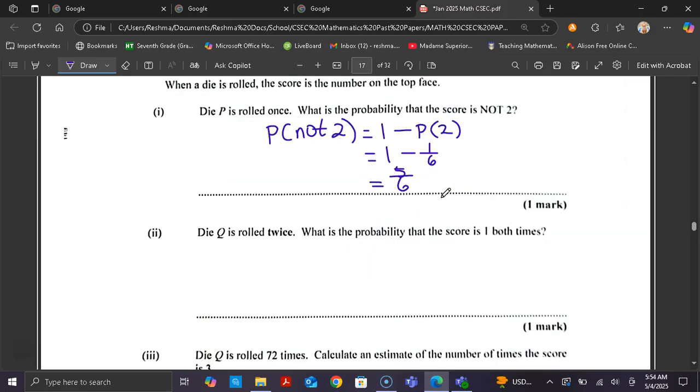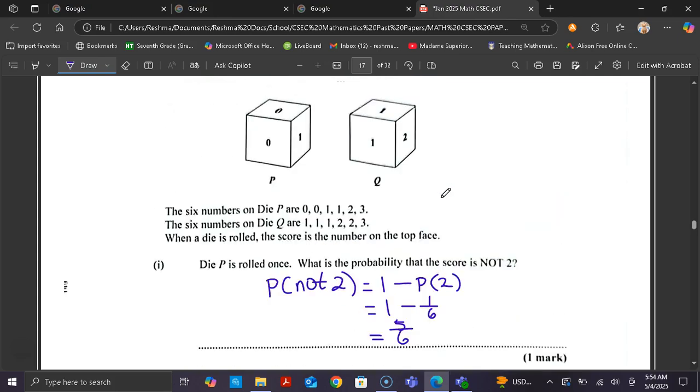Let's go on to part 2. For 1 mark, die Q is rolled twice. What is the probability that the score is 1 both times? So if die Q is rolled twice, getting a 1 each time would be independent events. Right? Getting a 1 on the first roll and getting a 1 on the second roll are independent, because each roll is independent of the other.